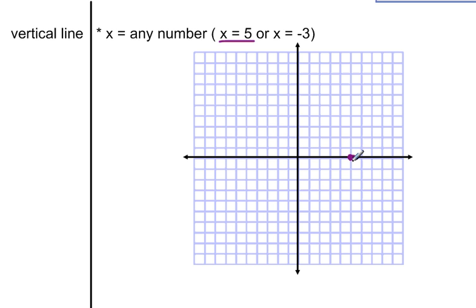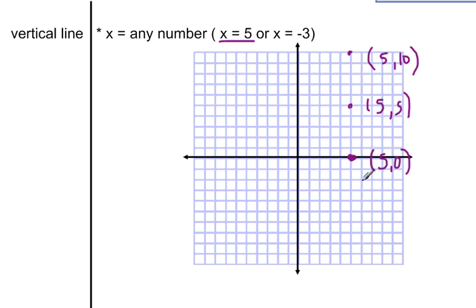X equals 5. But this isn't the only place on the graph that has x equals 5. This is the point 5, 0. But this point right here, that's the point 5, how much did I go up? 1, 2, 3, 4, 5. That's the point 5, 5. And if I went all the way up here, that's the point 5, 10.